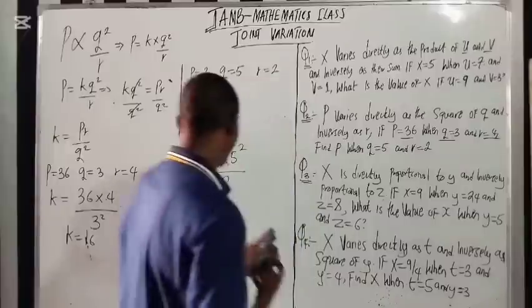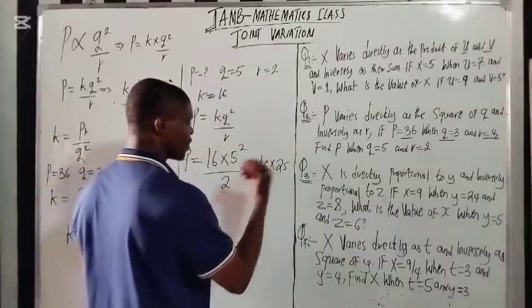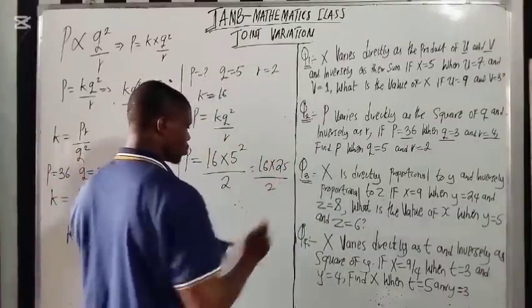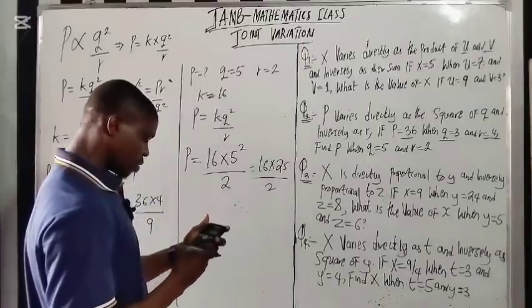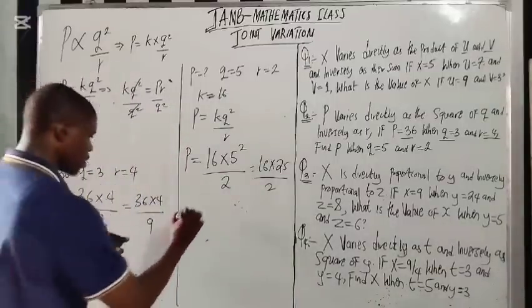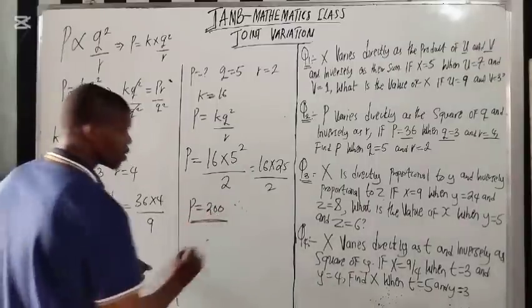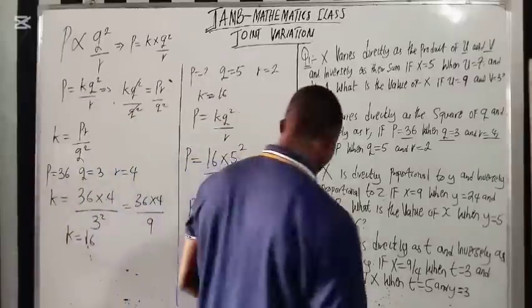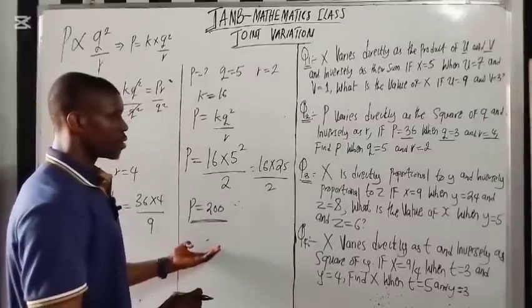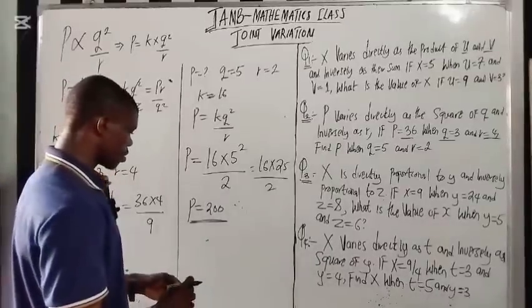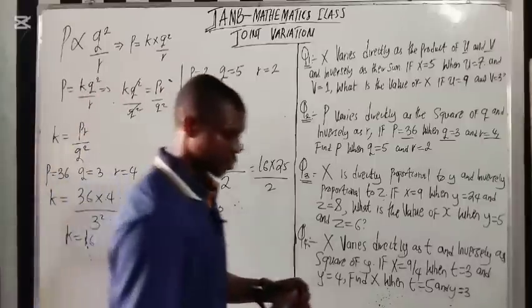Which is going to be 16 times 25, because 5 times 5 is 25, over 2. So P is equal to 200.